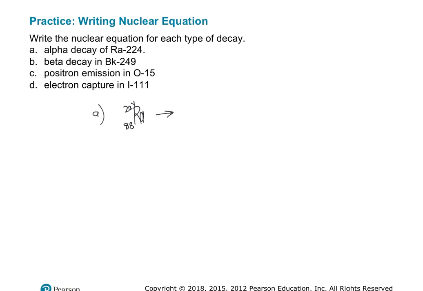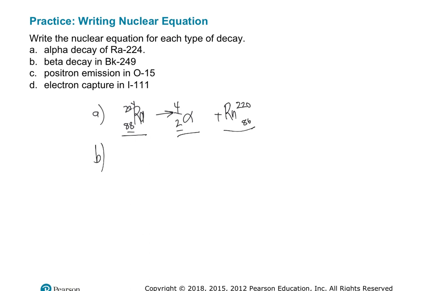And if it undergoes alpha decay, then I'm removing 4 from my mass. So I'm going to have a mass number of 220, and I'm lowering my atomic number by 2. So I'm going to end up being 86. So element 86 is radon. So radium turns into an alpha particle plus radon-220.